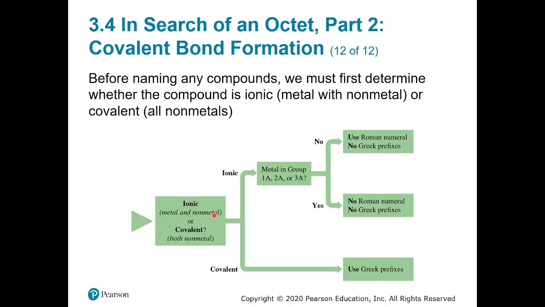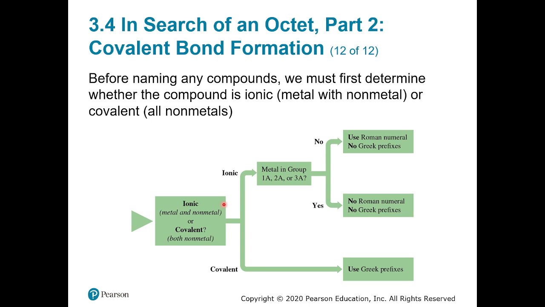Yeah, we look at, let's say I give you a random thing, like KCl. Or another way of saying that is you look if they're a metal and a non-metal, versus a non-metal, non-metal pair.